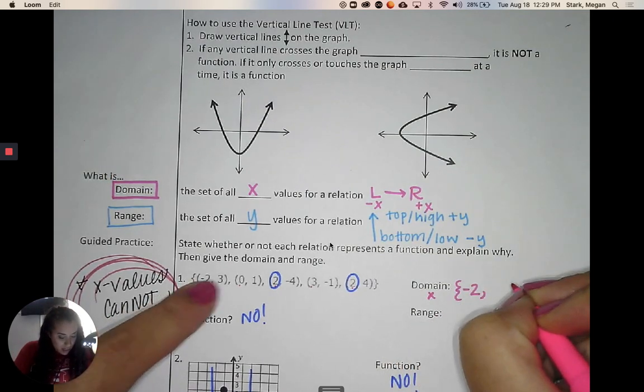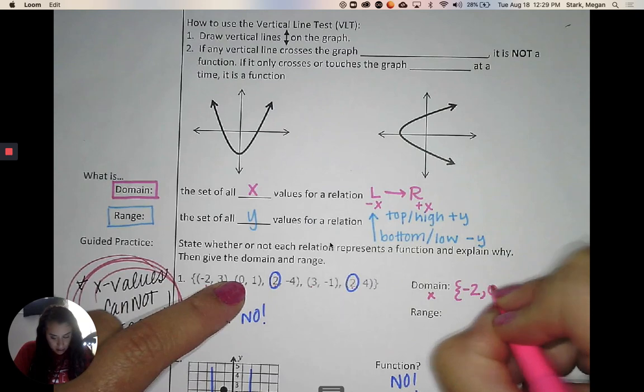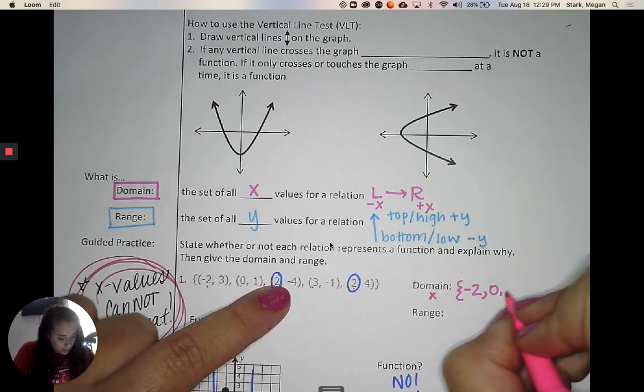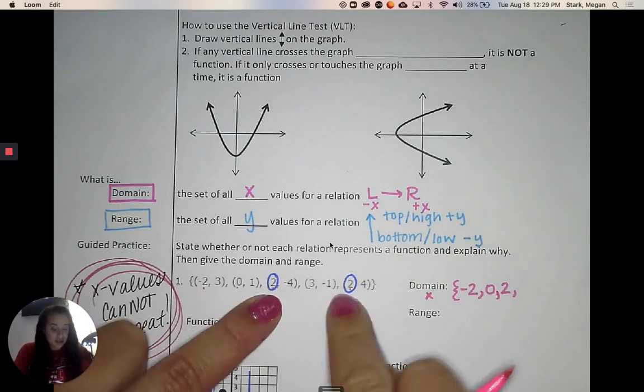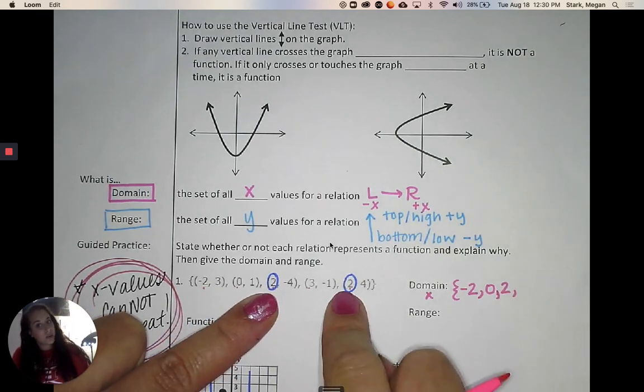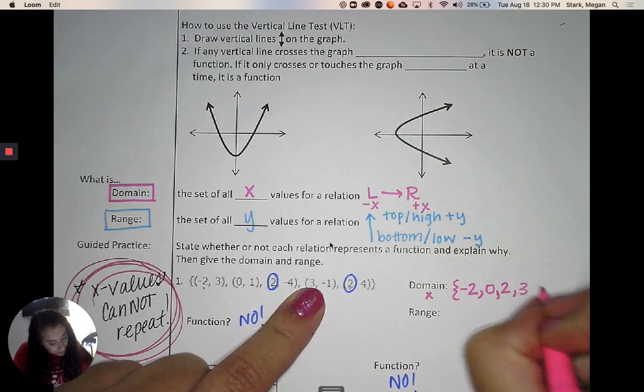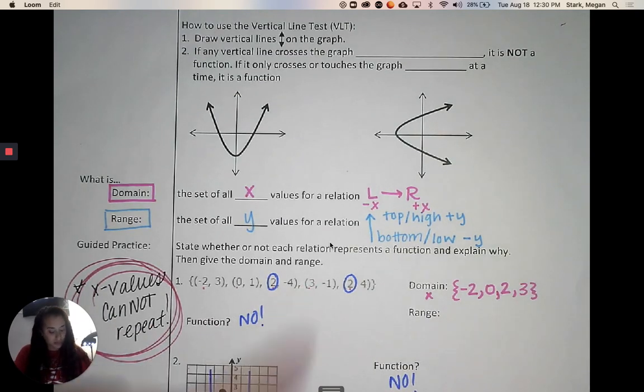And then after that, we go up to 0, 2, and yes, there's two 2's here, but we only have to write it once, okay? And 3. Okay, there's our domain. Pretty simple, right?